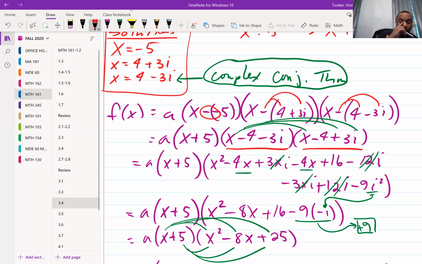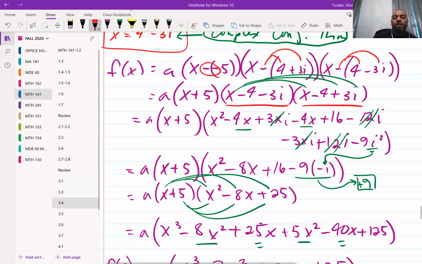And so now we'll FOIL out or distribute out the x plus 5 into x squared minus 8x plus 25. So once you do so, you have x cubed minus 8x squared plus 25x plus 5x squared minus 40x plus 125.